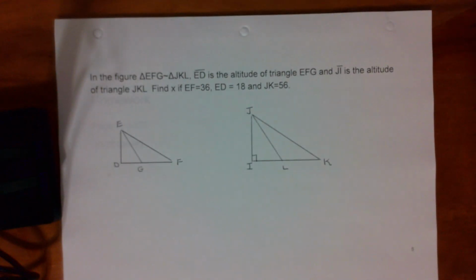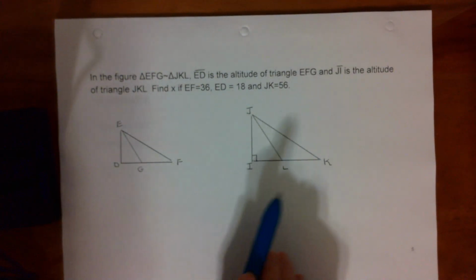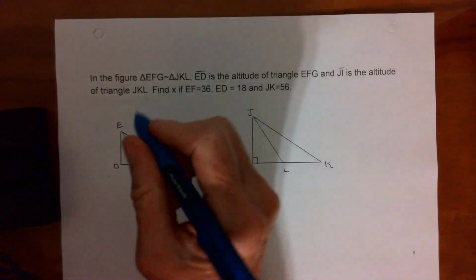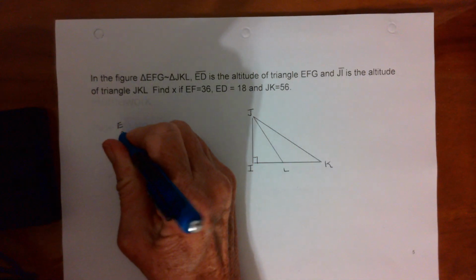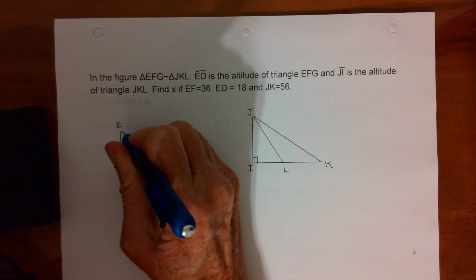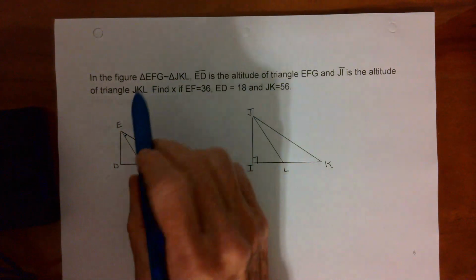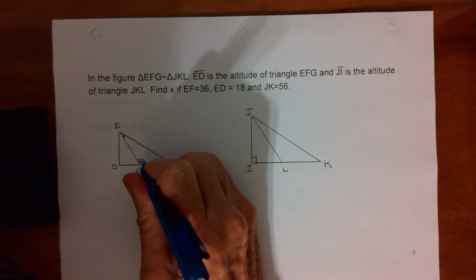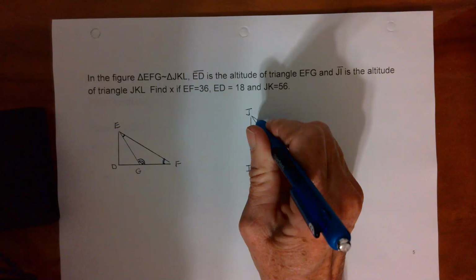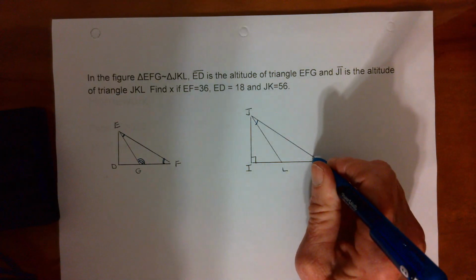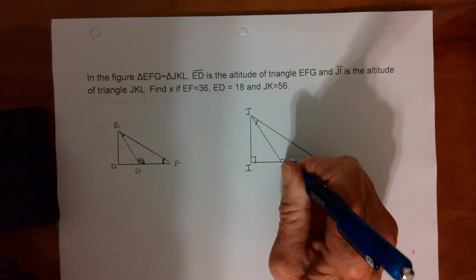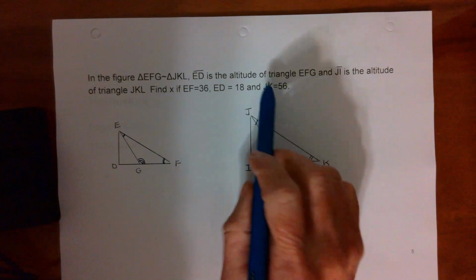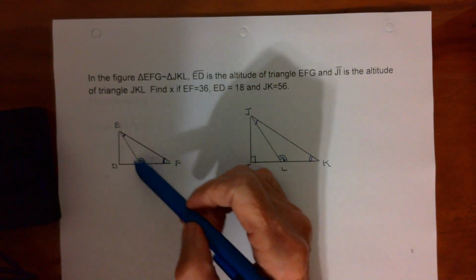Let's do another one. Okay, in this figure you have EFG, so I'm going to mark that. You've got E, now you've just got that little triangle right here, EFG is similar to JKL, and it says ED is the altitude of this triangle. So here's this triangle.